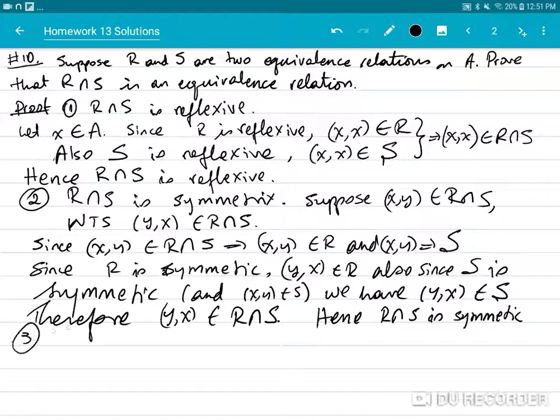The third one is to show that R intersection S is transitive.